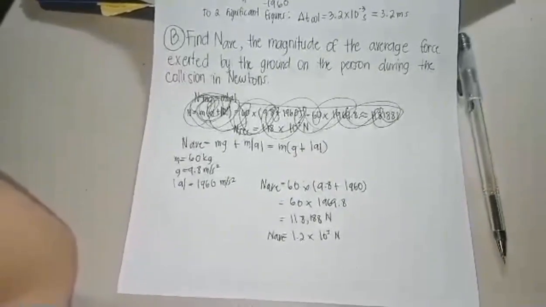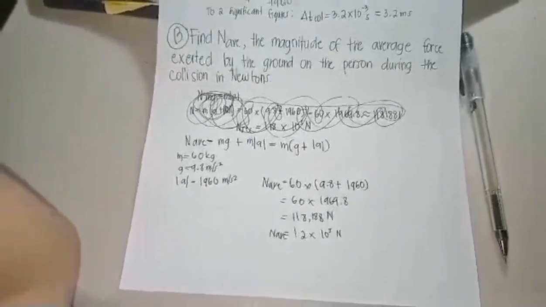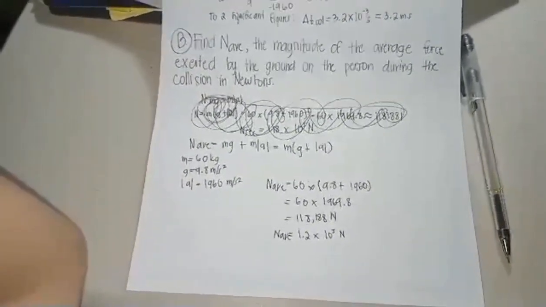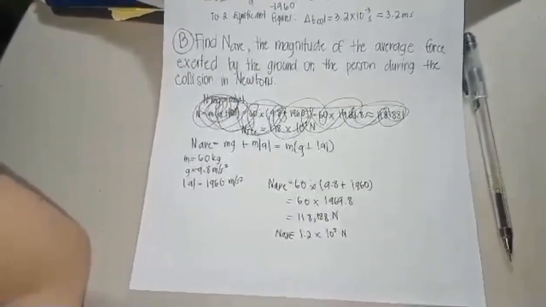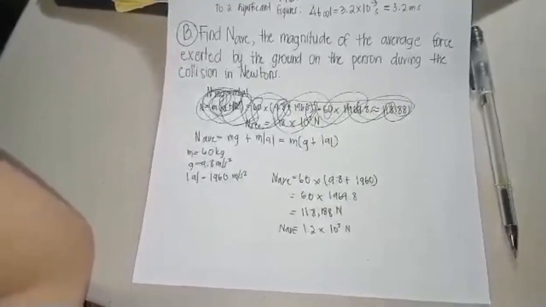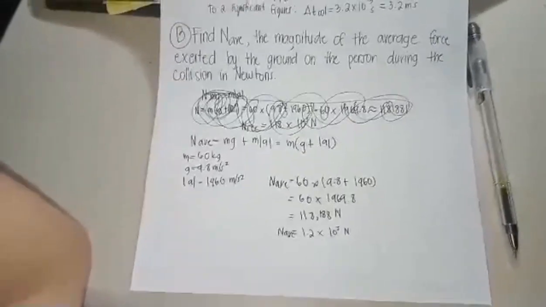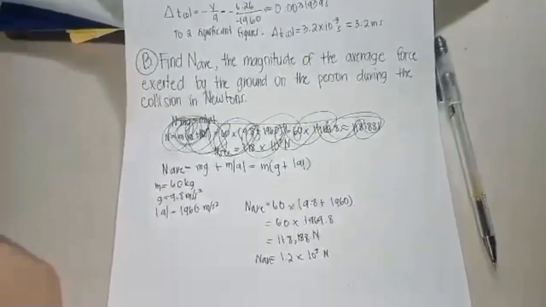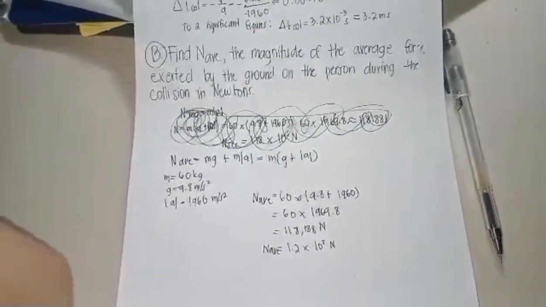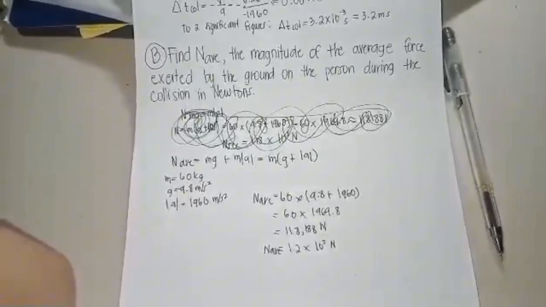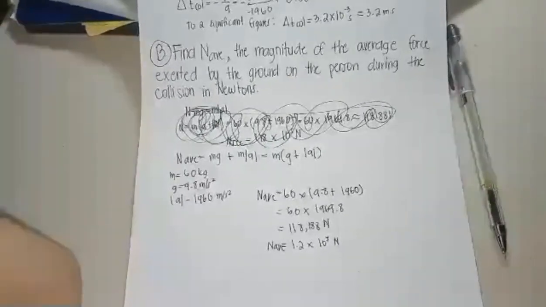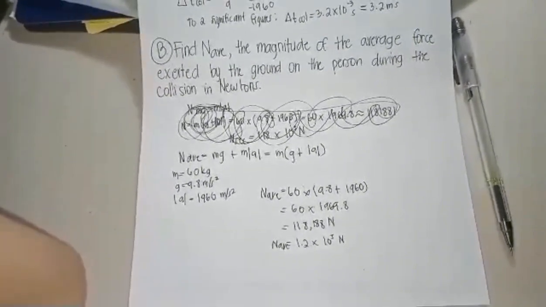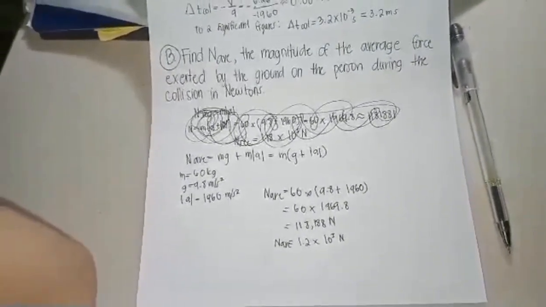According to Newton's second law, the net force is equal to mass times acceleration. Let's define the positive direction as upward. Net force, or F sub net, is equal to N sub average minus mg. Mass, or m, is equal to 60 kilograms. Acceleration is, we calculated the constant deceleration to be a equals negative 1960 meter per second squared. But since it is upward, it is positive.